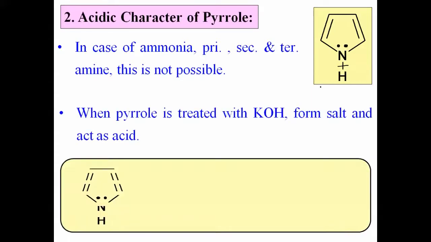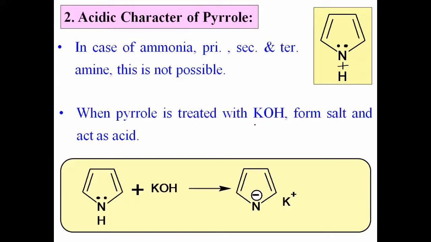Let us see an example of how it reacts with a base. Since we call it an acid, how does it react with a base? Suppose it is treated with a strong base like KOH, potassium hydroxide. What happens here? There is formation of salt and water.